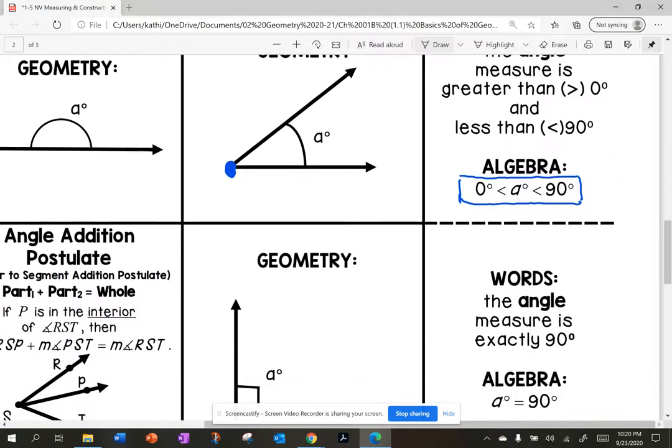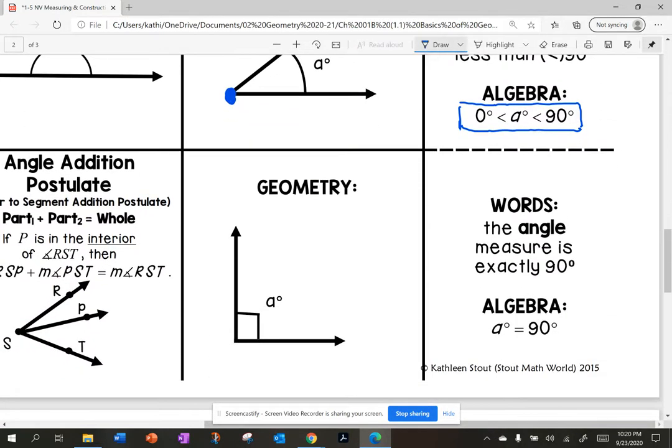Okay, the next angle I have is called a right angle. And I'm going to use the symbol here. Right angle. And a right angle is a measure of exactly 90 degrees.